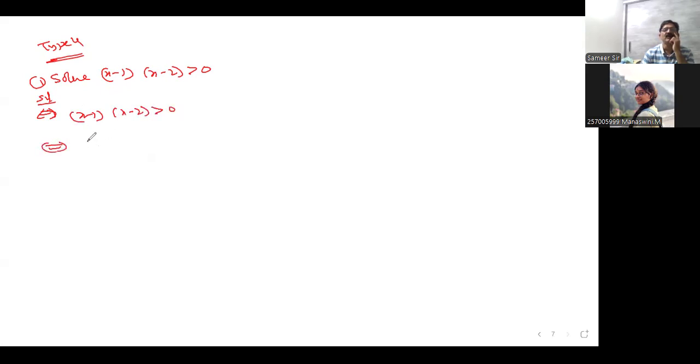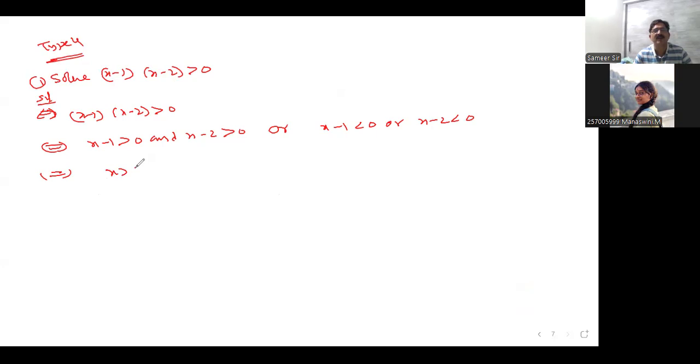According to the rule, what do you have to write? x minus 1 is positive and x minus 2 is positive. Or it may be like this: x minus 1 is negative and x minus 2 is negative. So together we write x greater than 1 and x greater than 2, or x less than 1 and x less than 2.